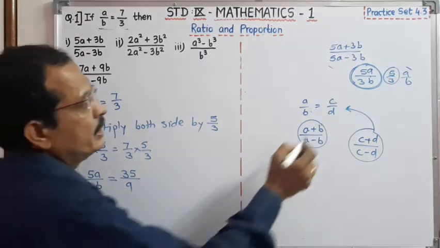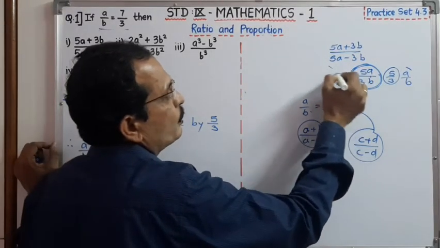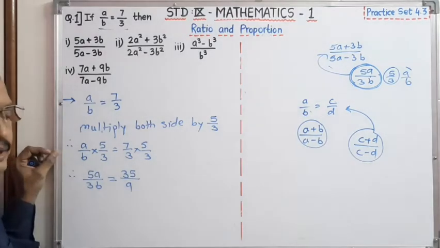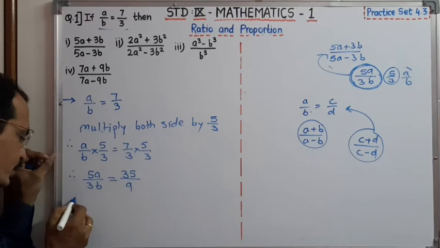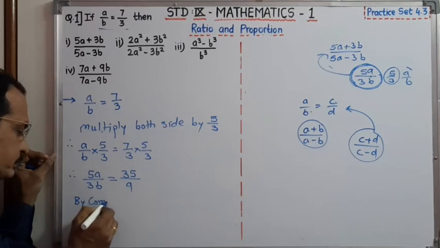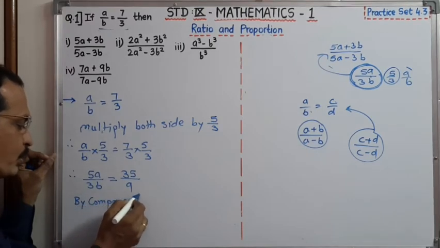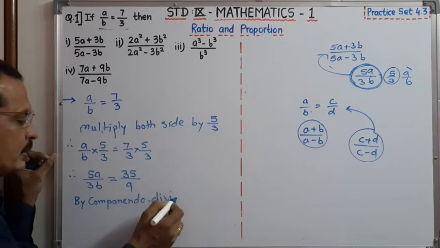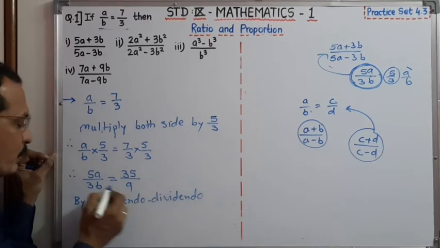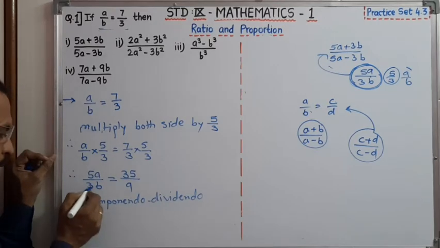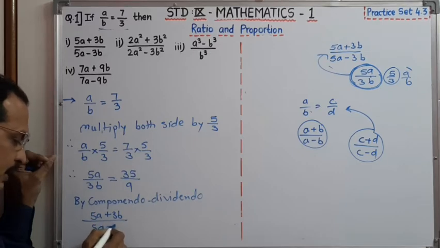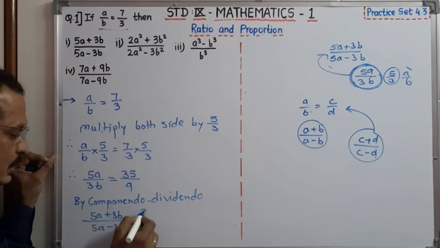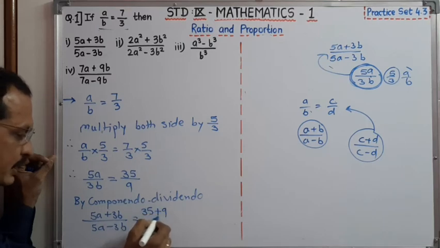Now, dear student, we got this 5a upon 3b. Now we require (5a plus 3b) upon (5a minus 3b). Which operation? It is componendo-dividendo. Therefore, by componendo-dividendo, now apply this. (5a plus 3b) upon (5a minus 3b) is equal to (35 plus 9) upon (35 minus 9).